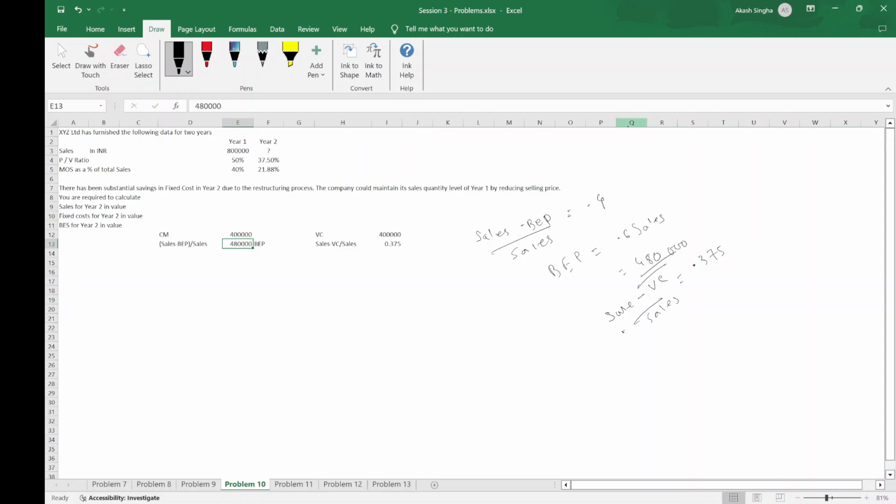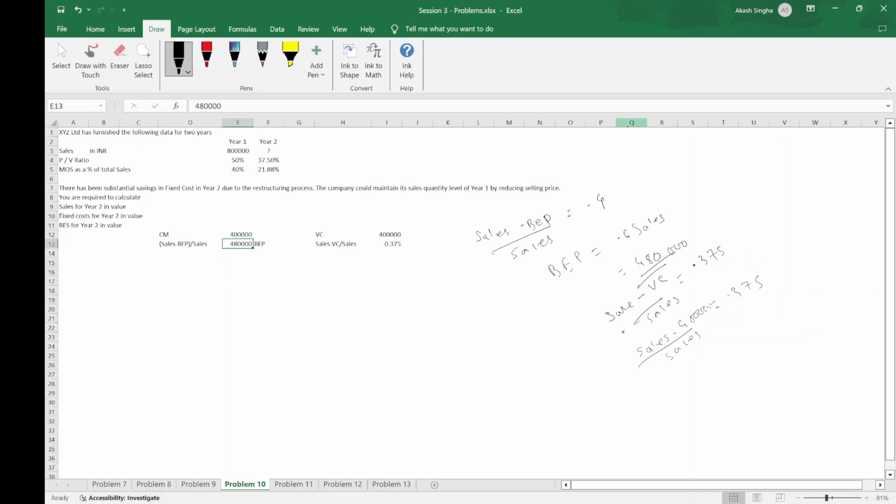The same, right? There has been substantial savings in fixed cost in year two. The company could maintain its sales quantity level of year one by reducing the selling price. Okay. So here the variable cost will be the same as previous because the quantity is the same and variable cost has not decreased. So variable cost will be 4 lakh again. So sales minus 4 lakh by sales equals 0.375.